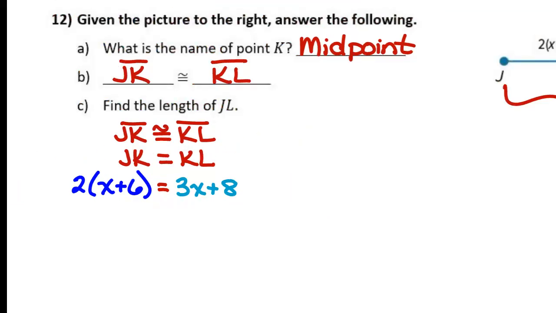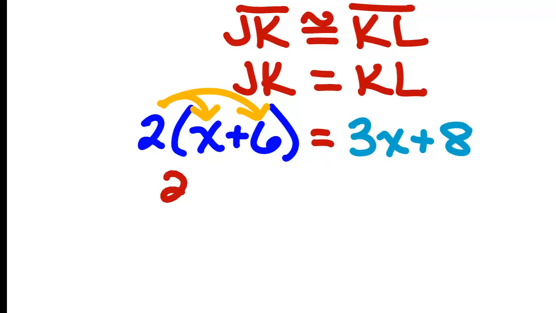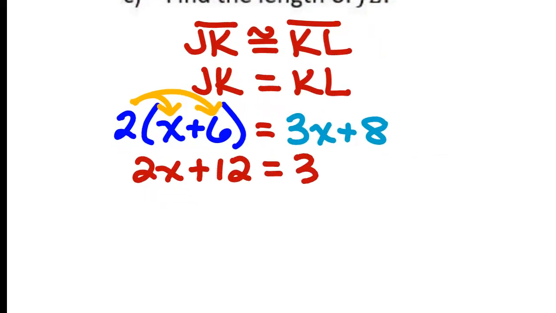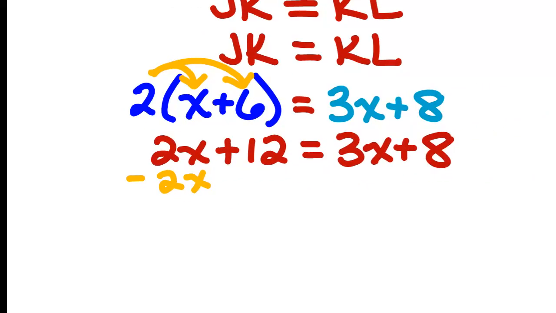All right. We're going to take the 2 and distribute it inside the parentheses. So I have 2x plus 12 equals 3x plus 8. Then we're going to get our x's on the same side. So I'm going to minus 2x from both sides.